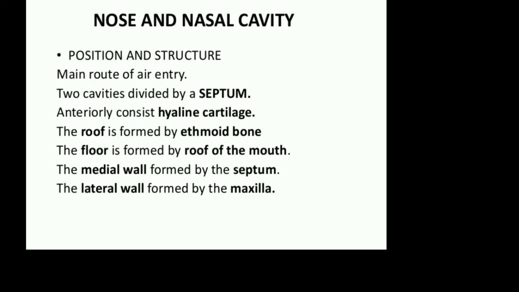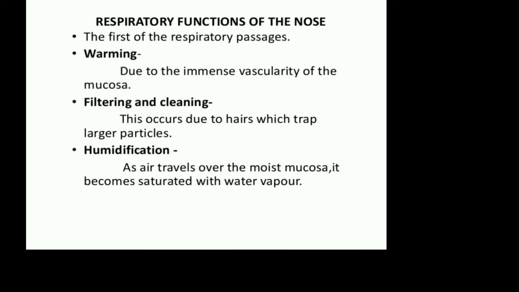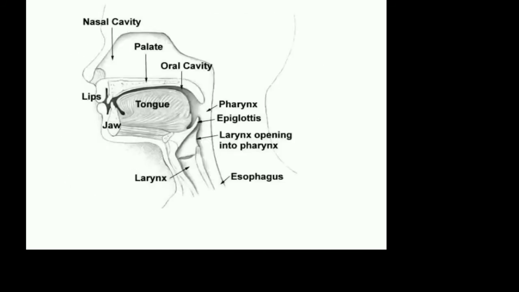Next we will see the pharynx. The pharynx is the part of the throat that is behind the mouth. Here this is the nasal cavity and this is the mouth.